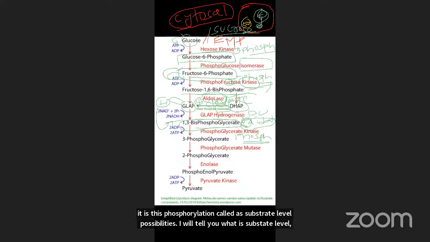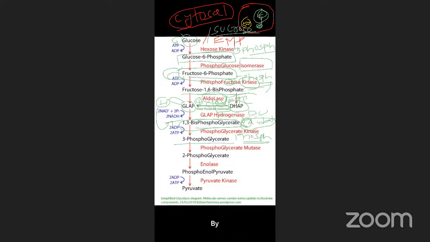After formation of 1,3-bisphosphoglycerate through the oxidation process, by substrate level phosphorylation, 3-phosphoglycerate forms. In this phosphorylation, ADP, diphosphate, is converted into triphosphate.